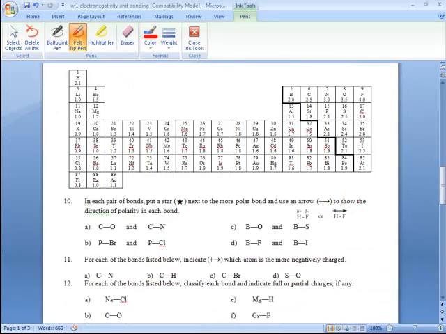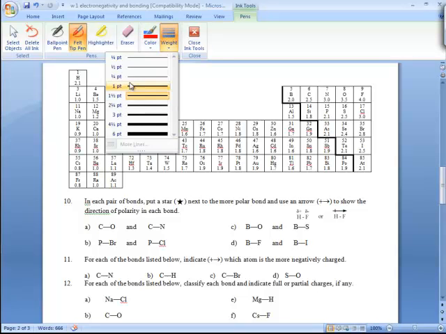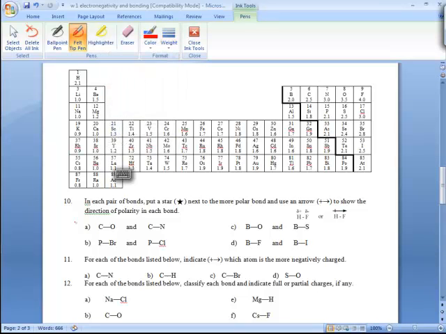So let's move real quickly to your second page. Problem number 10 says to do two things. In each pair, if we're looking at problem 10A, you see two pairs, carbon and oxygen, carbon and nitrogen. It says to use an arrow to show the direction of the polarity.